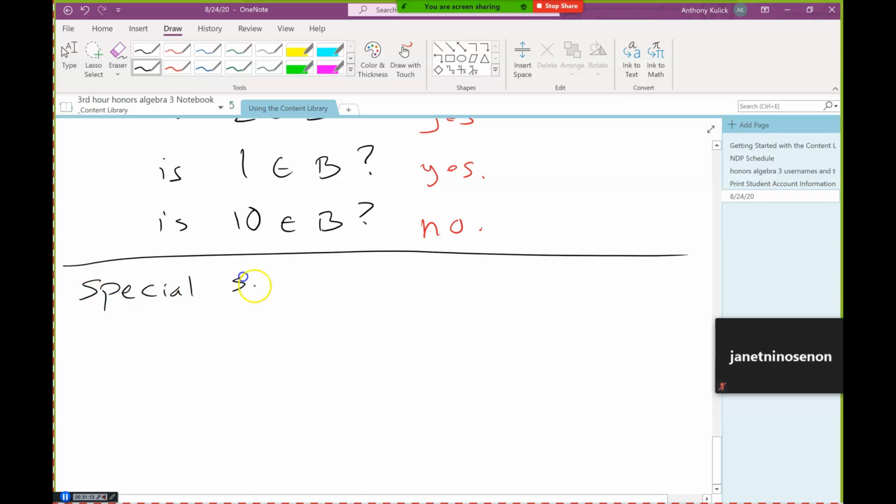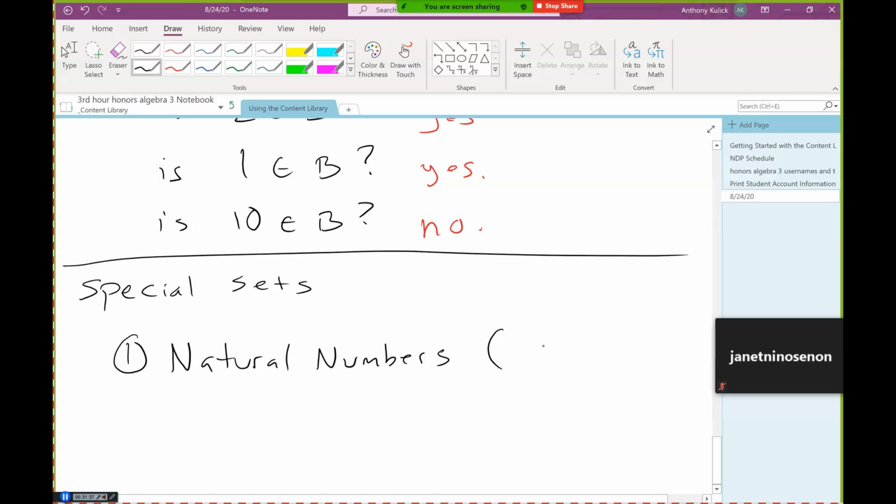Let's talk now about special sets. There are 5 special sets that we do most of our algebra on, at least as a high school student. The first special set is called the natural numbers. All of these special sets get a special symbol to represent them.